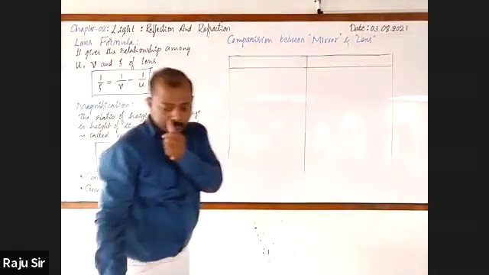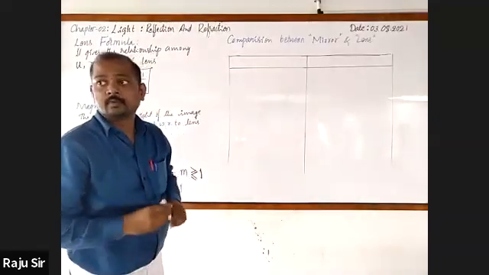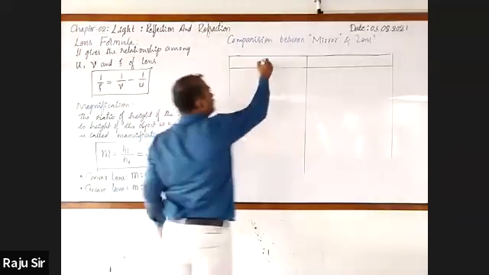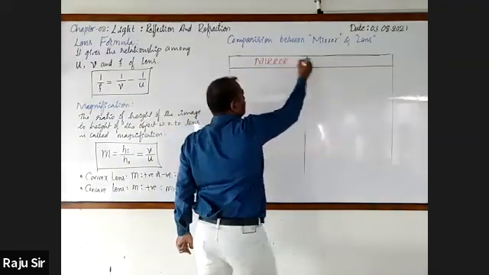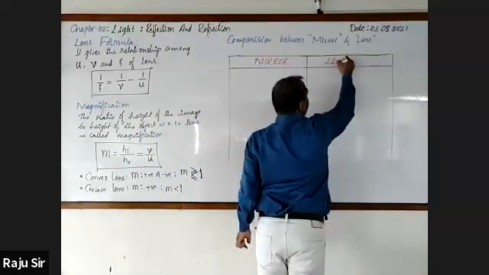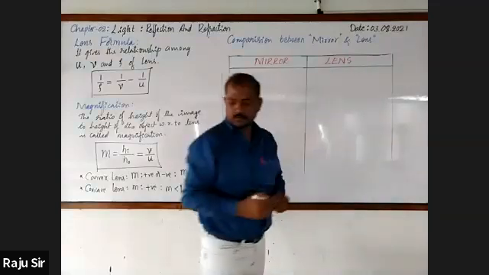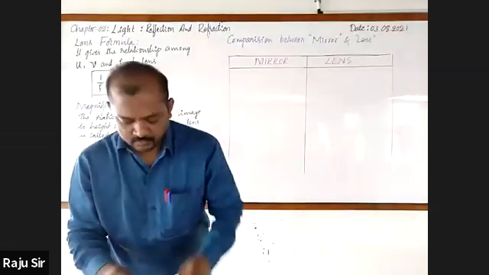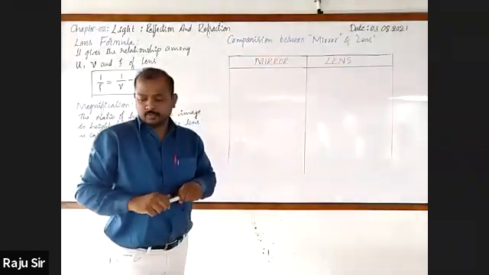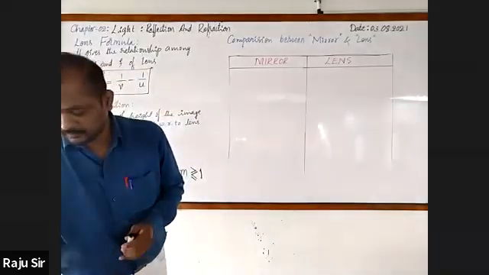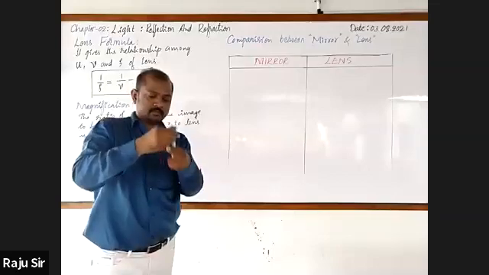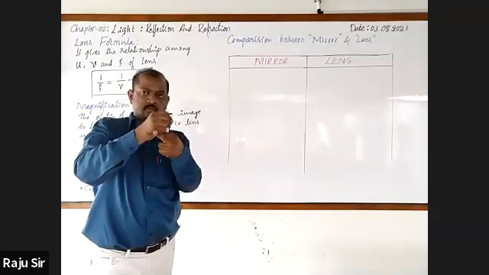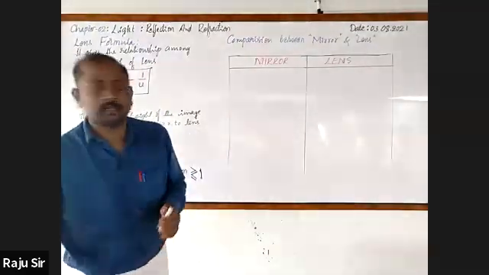The table is over. This is mirror and this is lens. Let us take the formula.